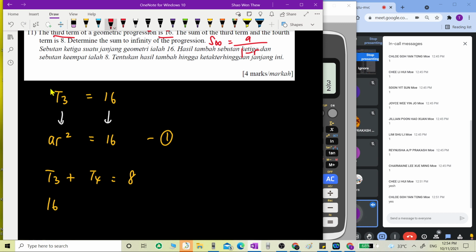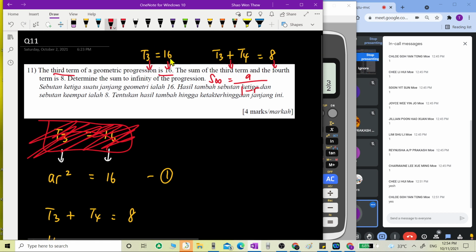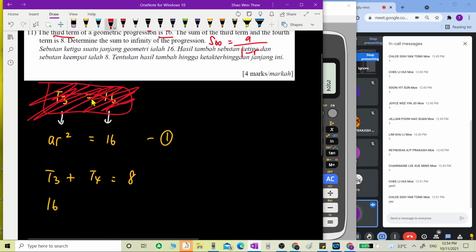Hey, think properly, is this really a waste of your time? I didn't know. Because when I write this one, I can realize that this one actually is 16. I can put a 16 here. Because some of you didn't write this thing. Maybe you write at here, but then you forgot to write at here. Or you don't want to write at here. Right? So you can write AR square equal to 16.